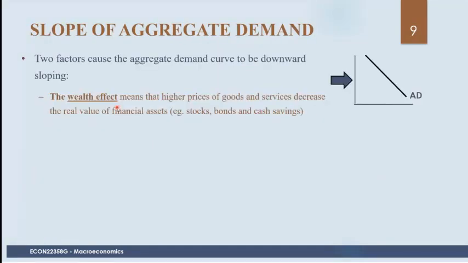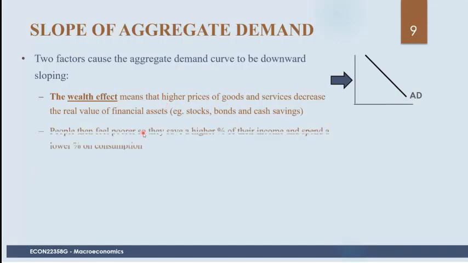The wealth effect means that higher prices of goods and services decrease the real value of financial assets, stocks, bonds, any of your savings. So we're not holding income or other prices of related goods constant, but if the overall price level increases, the value of your savings will change.